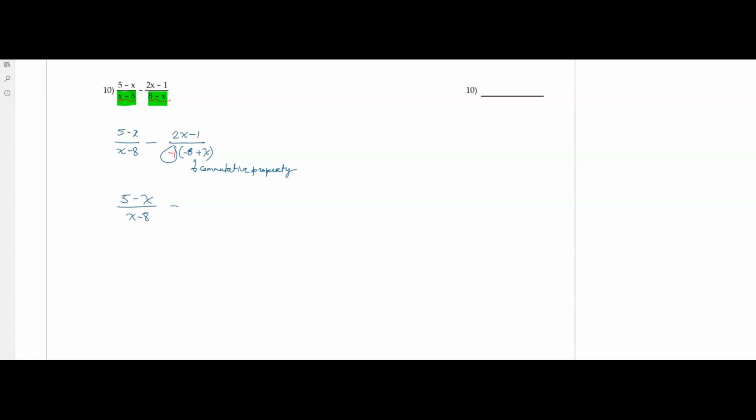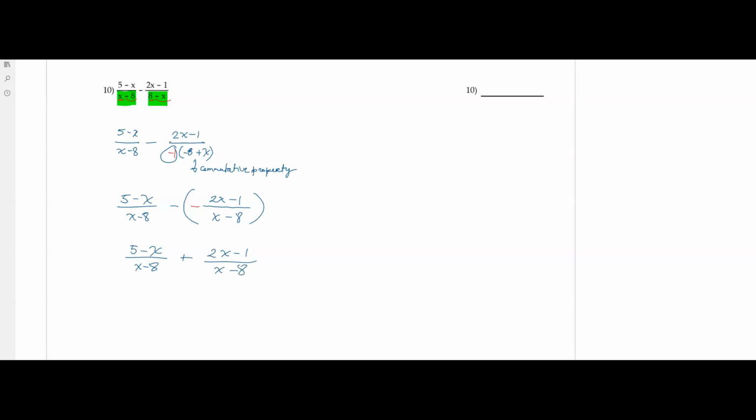So I'm going to put negative, and I'm going to put the negative right in front of the fractional bar to show that, 2x minus 1. And then here I put negative 8 plus x as x minus 8. So basically here I have a double negative that's going to change it into what? A positive, right? So here, when I rewrite it, I should get 5 minus x over x minus 8 plus 2x minus 1 over x minus 8.